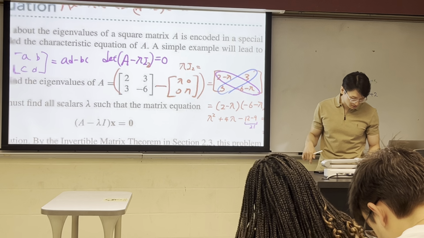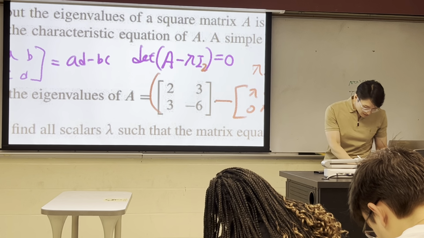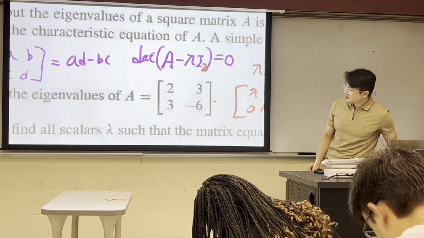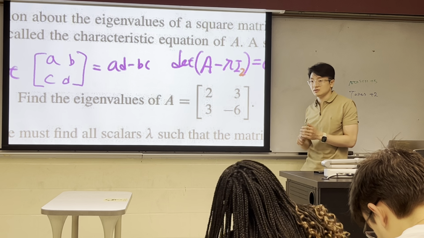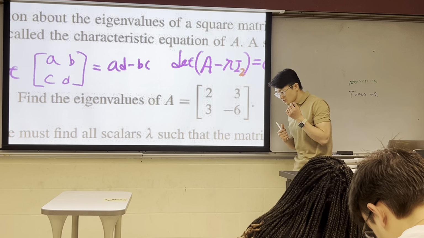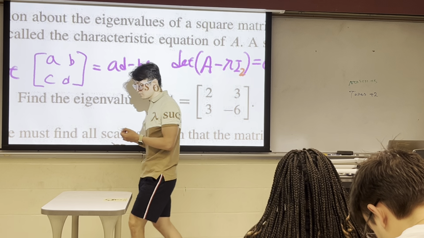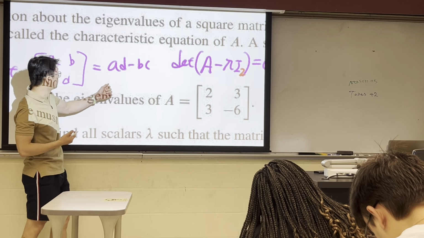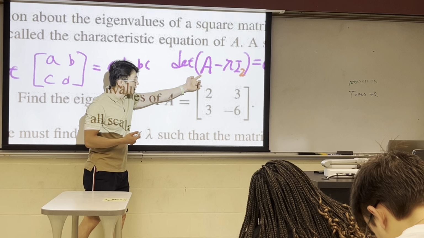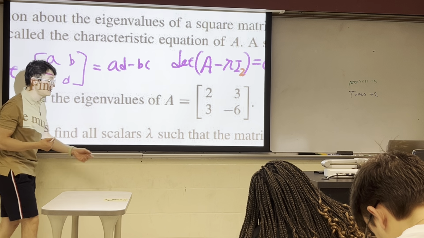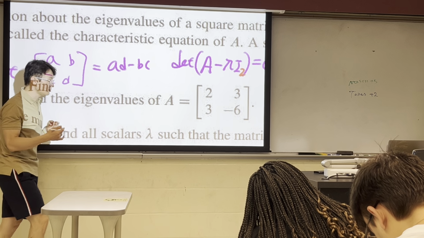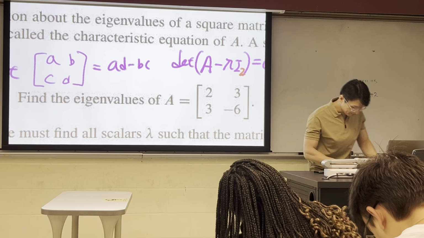Back to the original question. We wanted to find the eigenvalue of this matrix, right? And in order to find the eigenvalue, what do we do? We set up the determinant of A minus lambda I, and that should be 0.